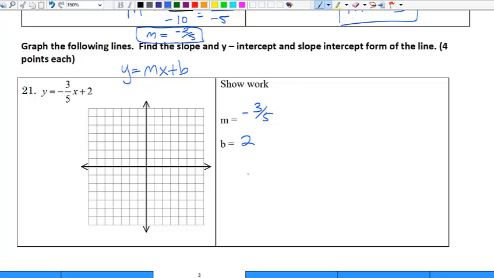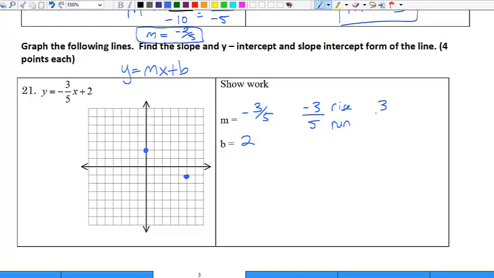Now I'm going to take these two pieces of information and graph them. So I'm going to go to 2 on my y-intercept, and then my slope of negative 3/5 says down 3, 1, 2, 3, and right 1, 2, 3, 4, 5. So I'm going negative 3 over 5. So I'm rising negative 3, so that means go down, and I'm running 5, which is 5 to the right.